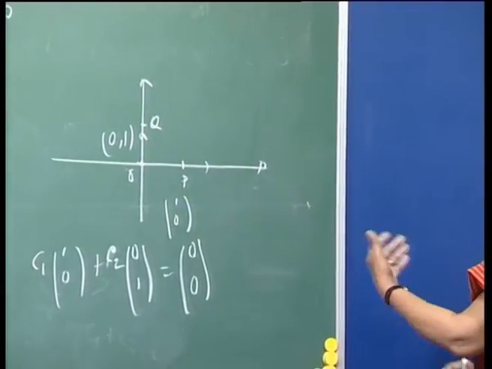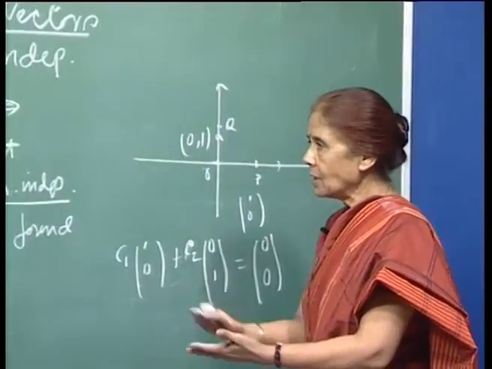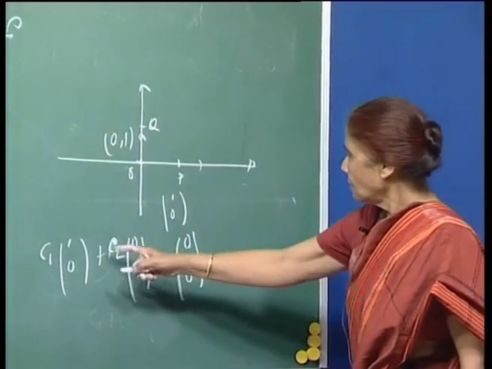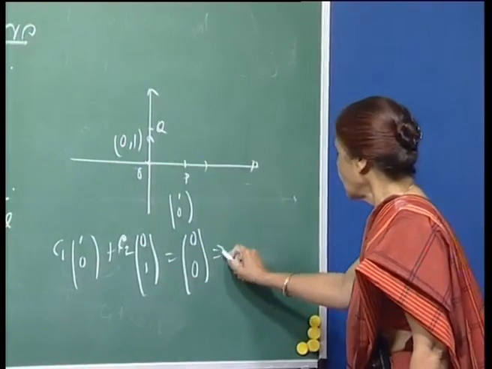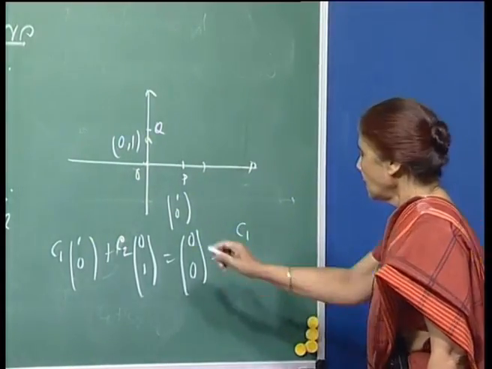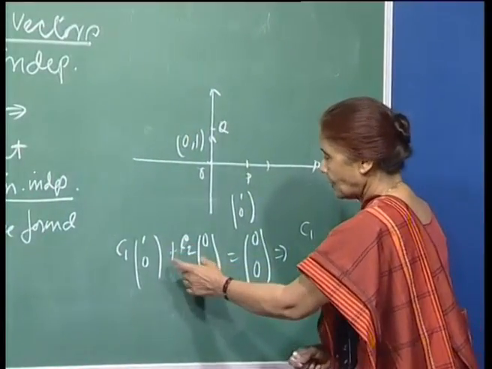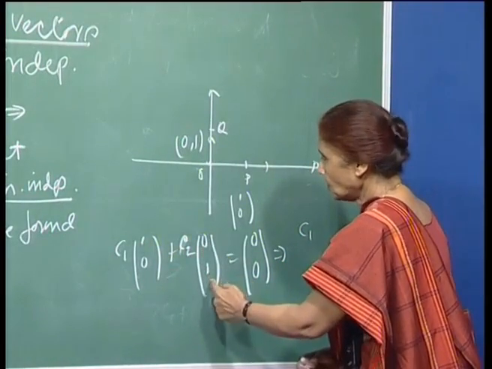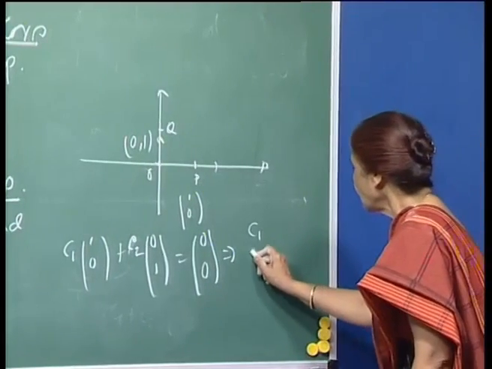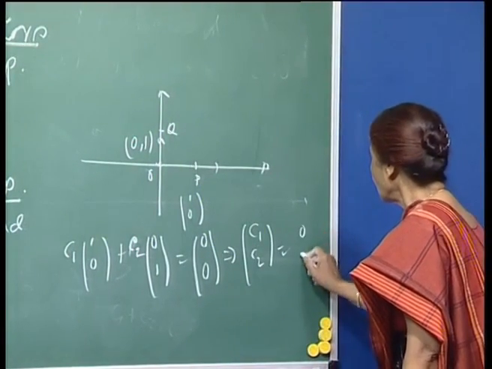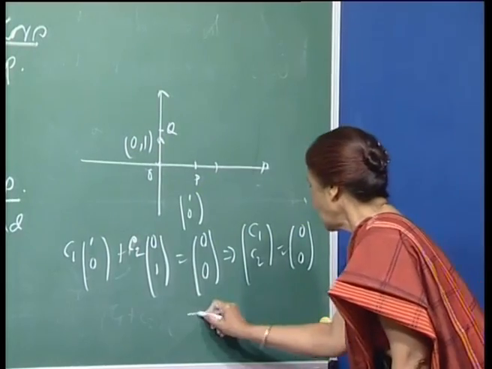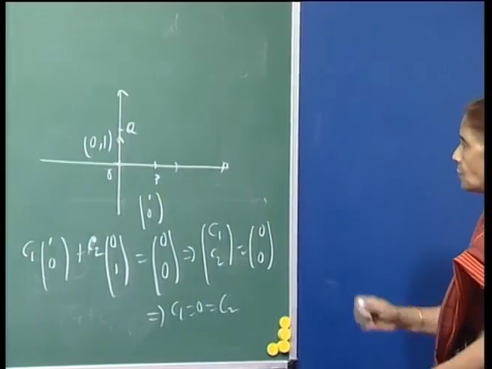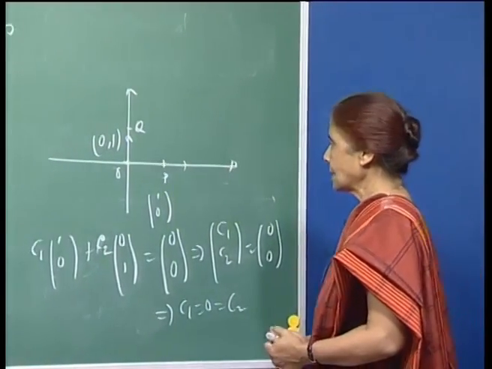Two n-tuples are equal if they are component-wise equal. So, using scalar multiplication plus vector addition, this vector becomes C1 0, this becomes 0 C2, then I add component-wise and get C1 C2, and this is 0 0. Which implies that C1 is 0 and C2 is 0, and therefore the two vectors are linearly independent.